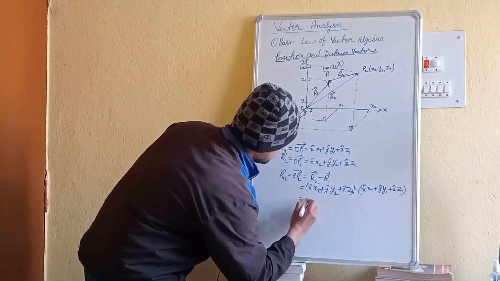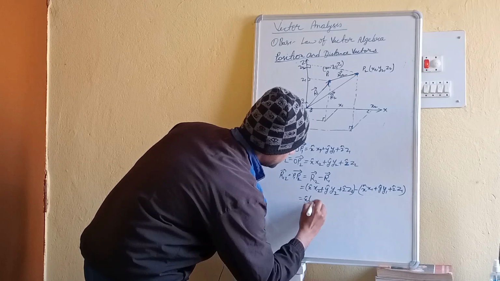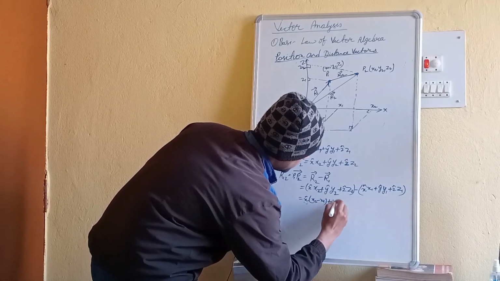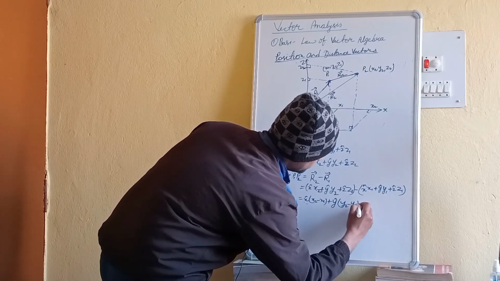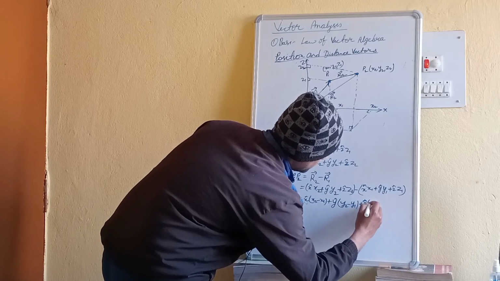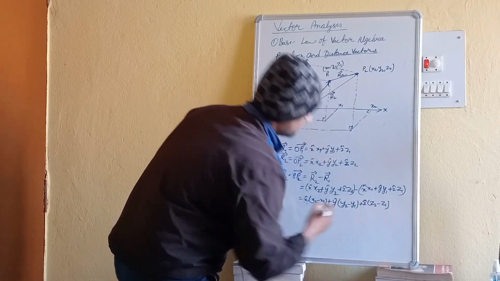Simply you can take x cap times x2 minus x1, then y cap times y2 minus y1, then plus z cap times z2 minus z1.